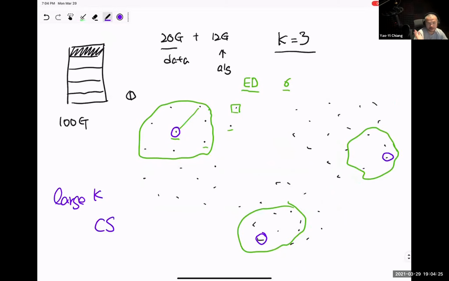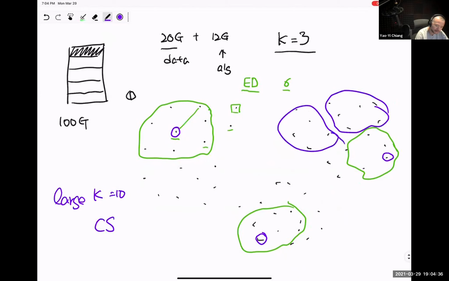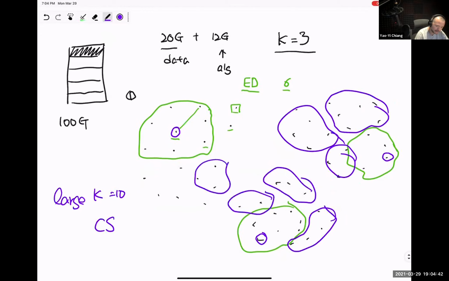You don't know how many compressed sets you have. So let's say we run k-means with k equal to 10. You are probably going to find 1 cluster here, 2, 3, 4, 5, 6, 7, 8, 9, and 10.